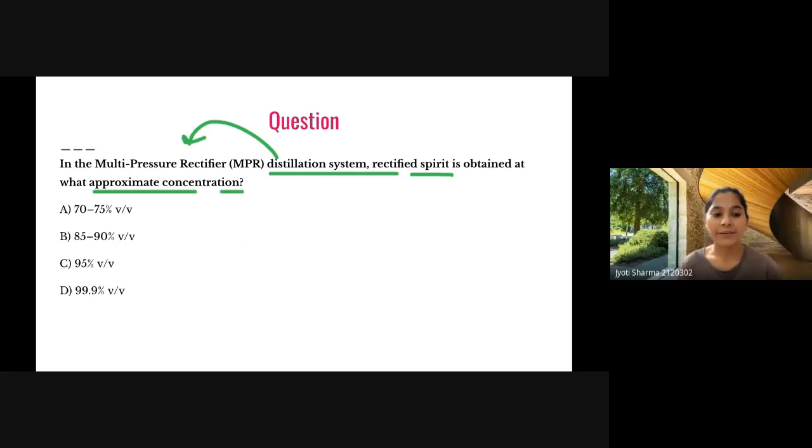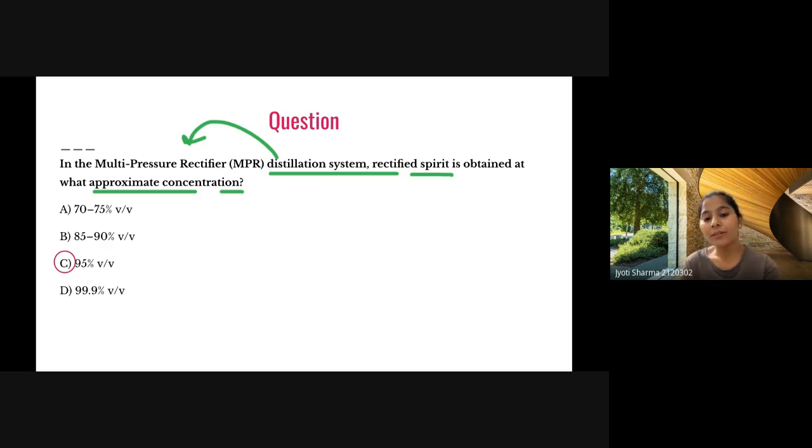So we have 70 to 75%, 85 to 90%, 95%, 99.9%. Venkateshwar has already given me the answer. So this is B. Here it is B. Okay. Yes, Dia gave me the right answer.